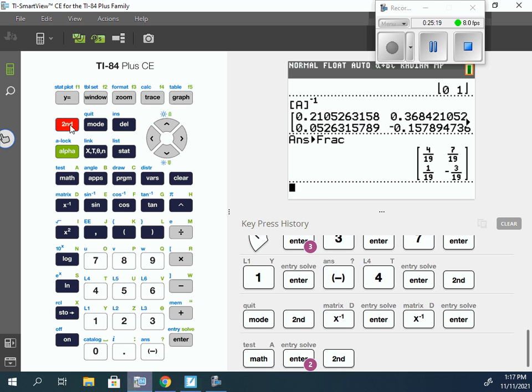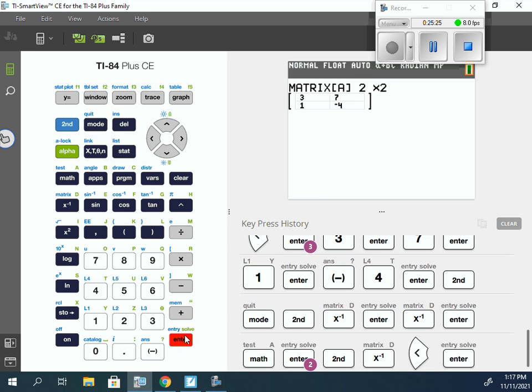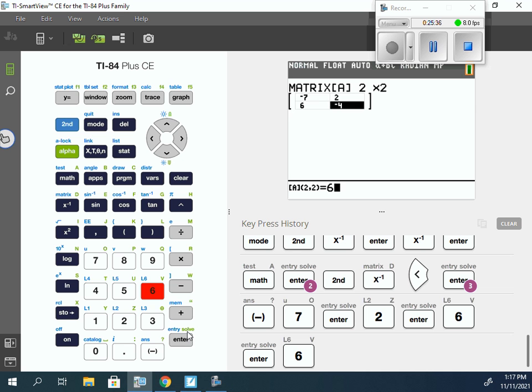So if we go over here, we can plug in the matrix for matrix A. Our matrix A is 2 by 2, with -7, 2, 6, and 6. Because this here would be matrix A. Questions on this here so far?